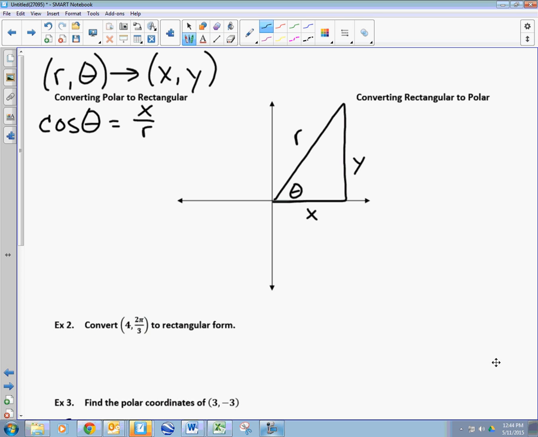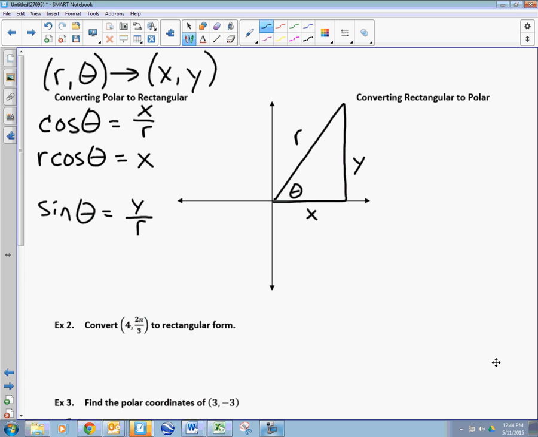So if I want to solve for x, I'll multiply both sides by r. X equals r cosine theta. Does that look familiar? That was the horizontal component form of a vector. Then we have sine of theta is equal to y over r.